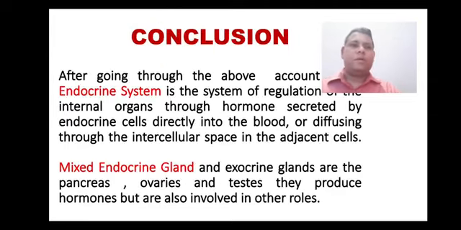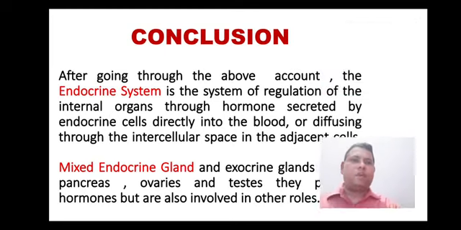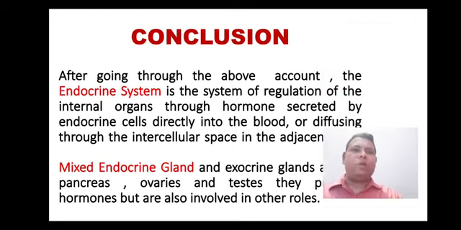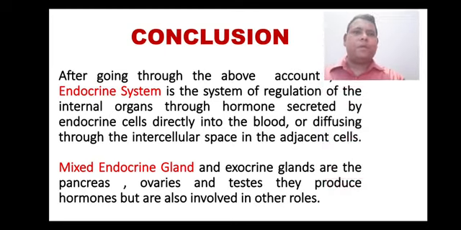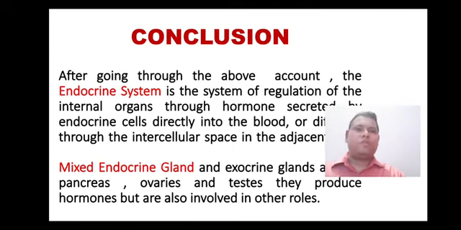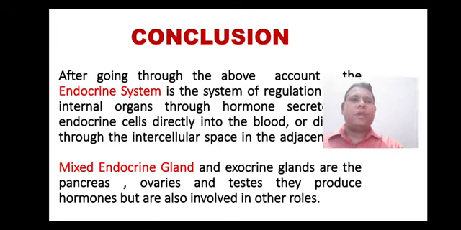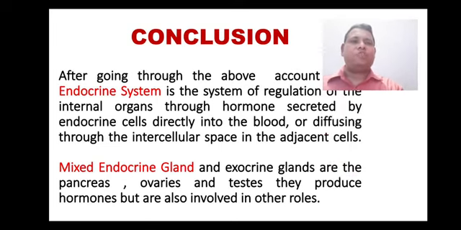Now these are the conclusions. After going through the above account, the endocrine system is a system of regulation of the body's internal organs through the hormones secreted by the endocrine cells directly into the blood, diffusing through the intercellular space and adjacent cells.